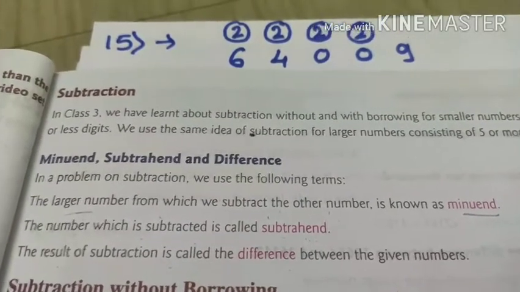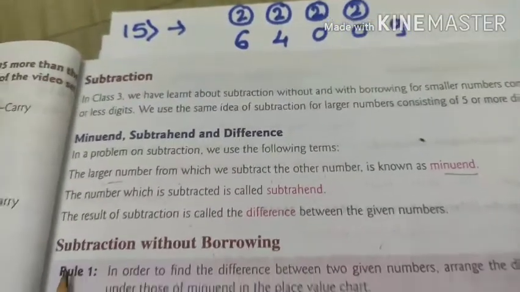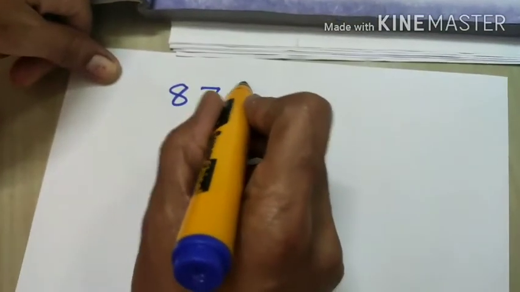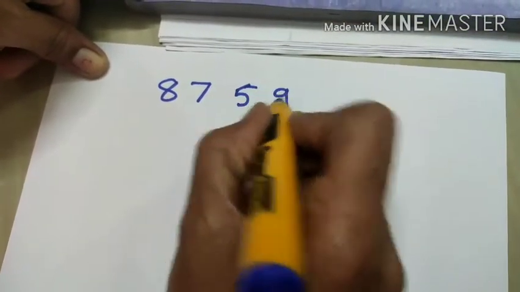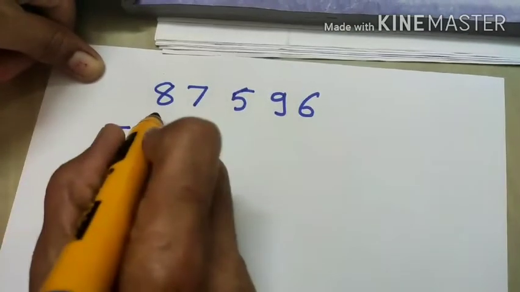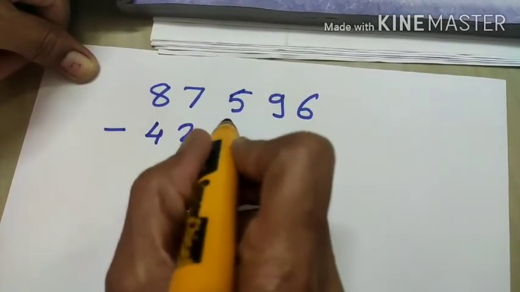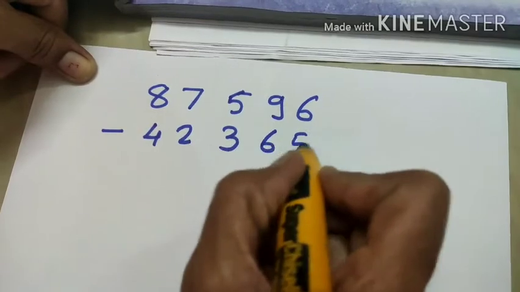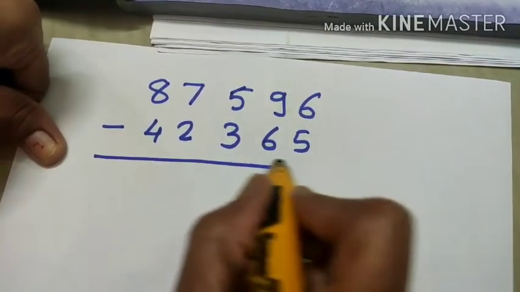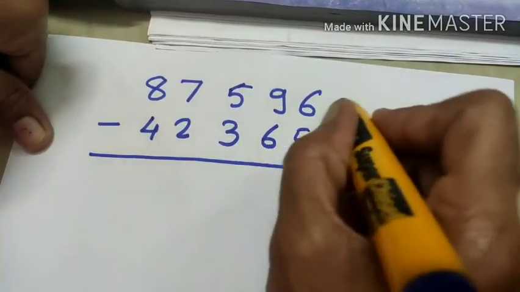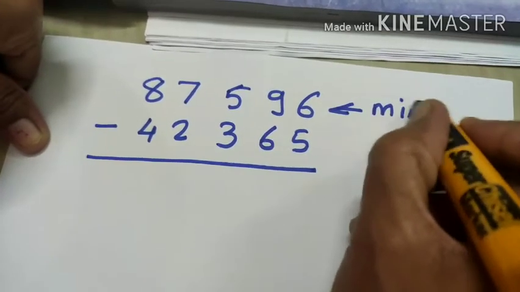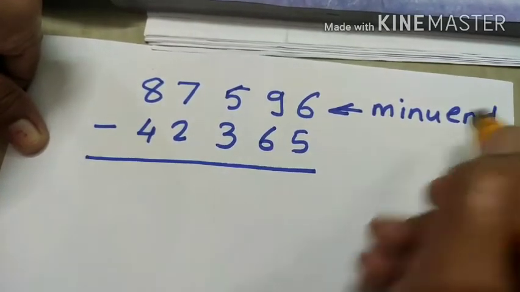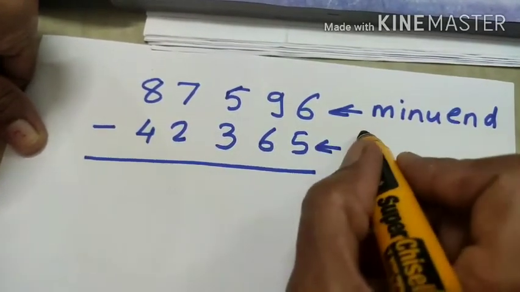So let us see one example for that. Suppose the number is like this: 87,596 minus 42,365. Here this number is known as minuend. This number is your subtrahend.